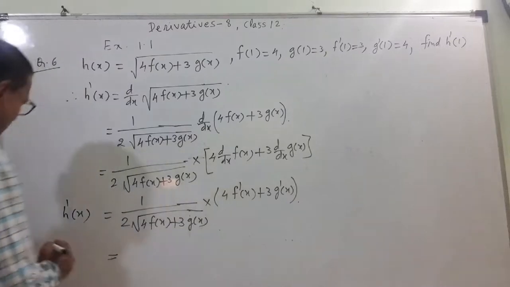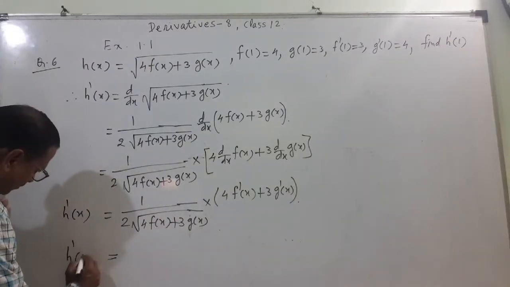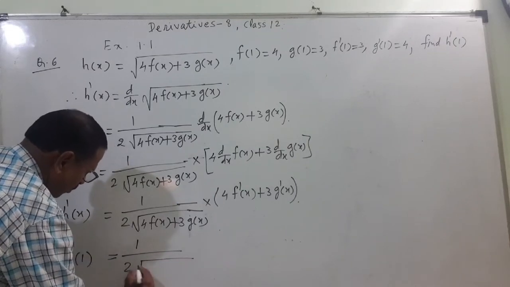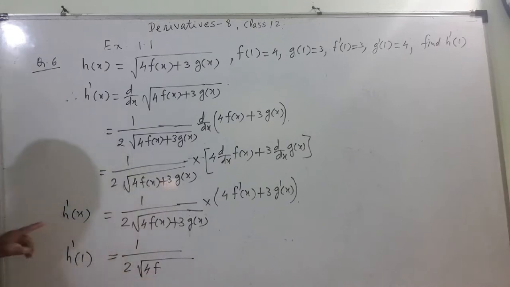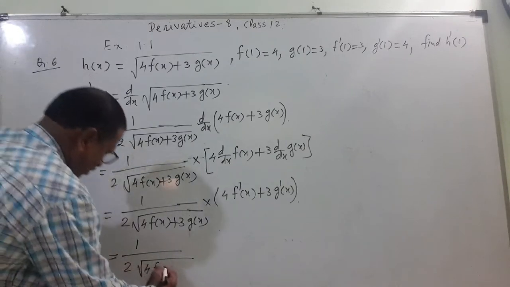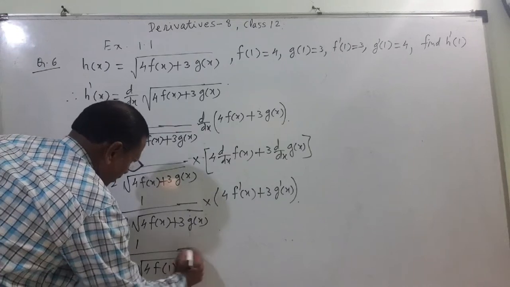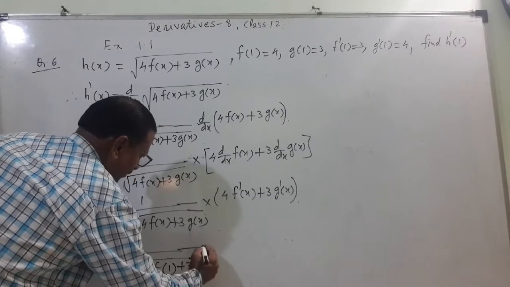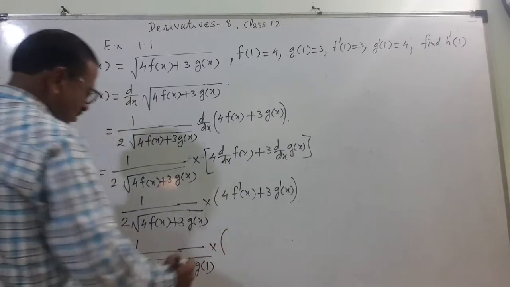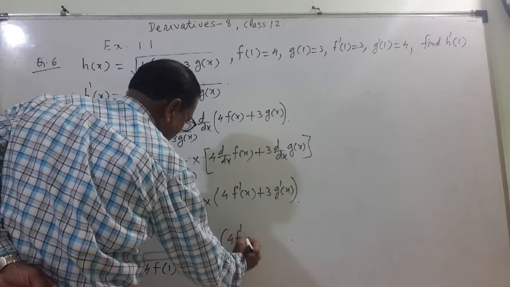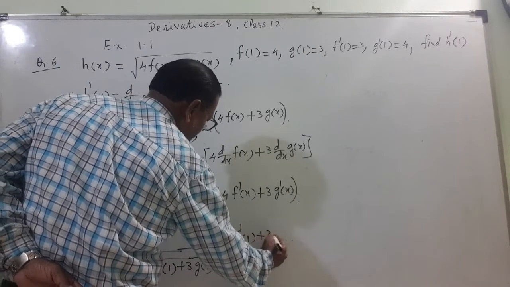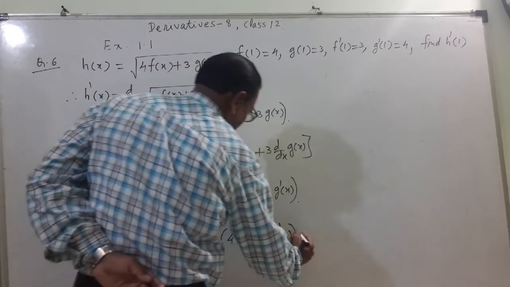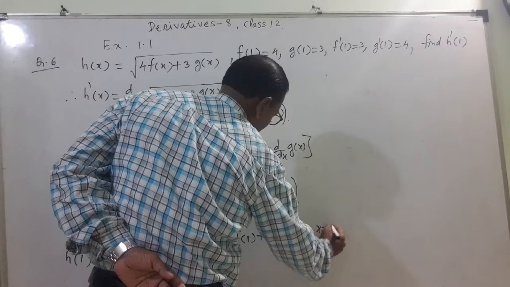So at the place of x I will write h dash of 1 is equal to 1 upon 2 under root 4 into f of 1, at the place of x I am writing 1, plus 3 into g of 1, into 4 into f dash of 1 plus 3 into g dash of 1. Put x equal to 1.